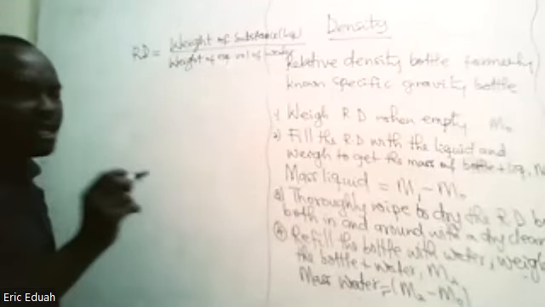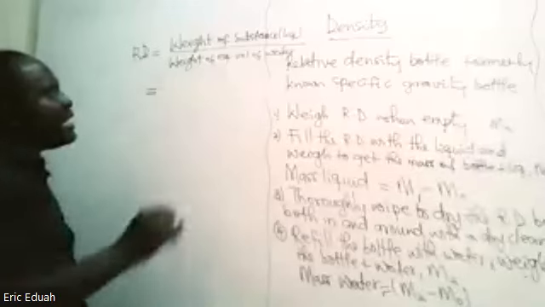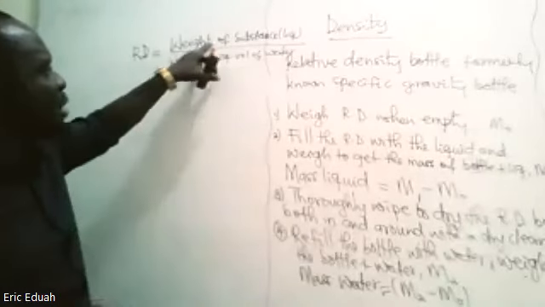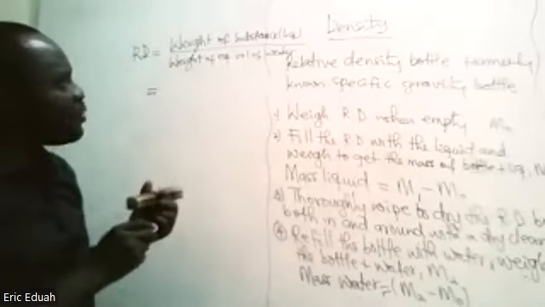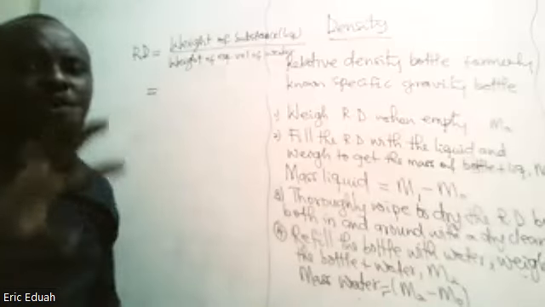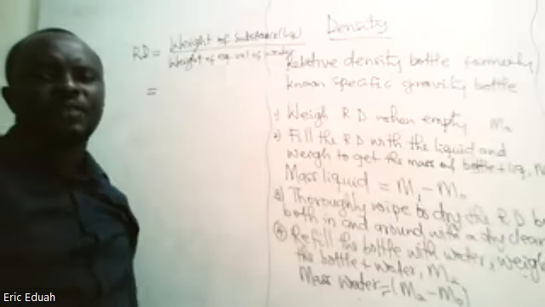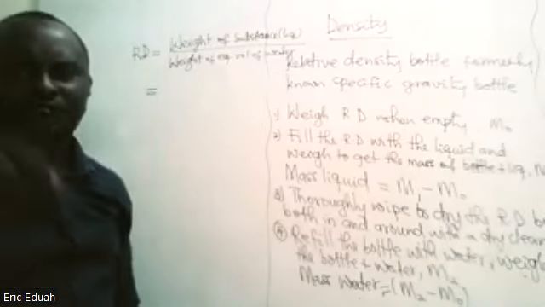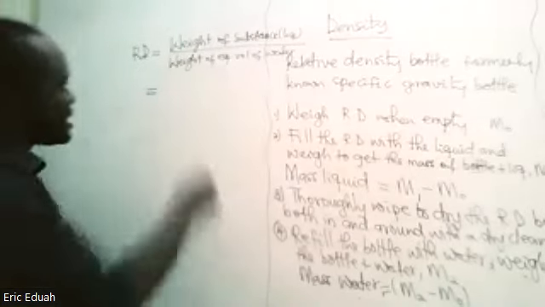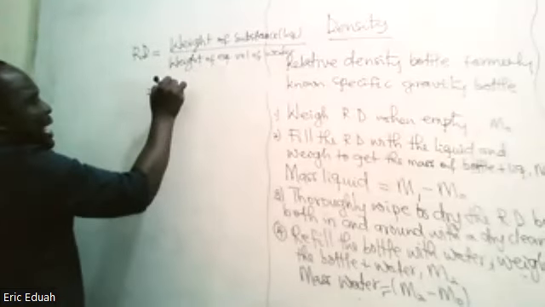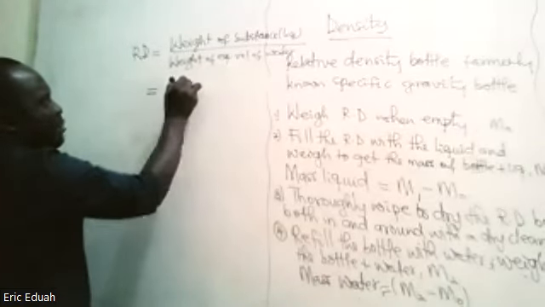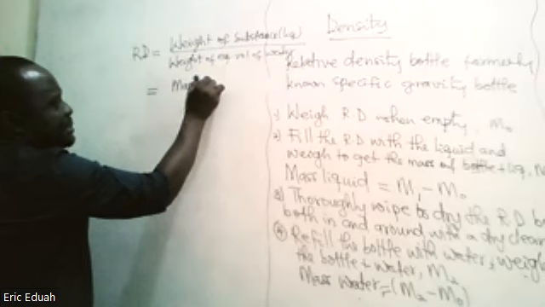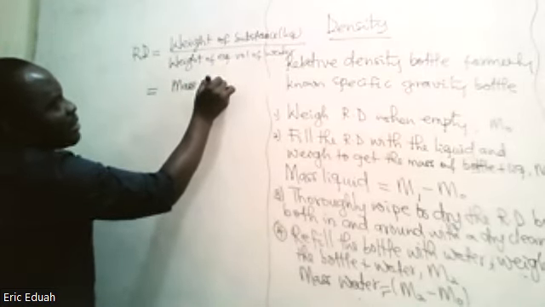But because in determining the RD, we are considering an equal volume of the liquid and of the water, the volume would cancel out. What is then weight? Weight is mass times gravity.